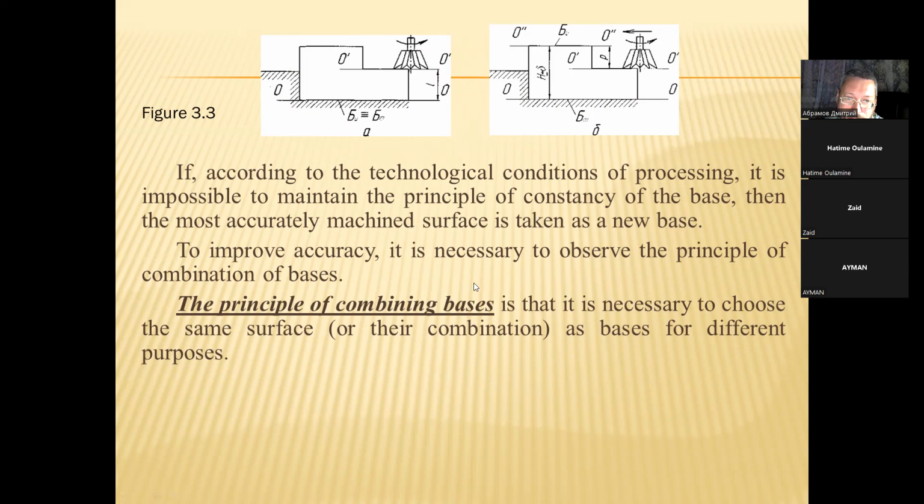But you must do it only if, according to the technological condition of processing, it is impossible to maintain the principle of constancy of the base. Then the most accurately machined surface is taken as a new base.